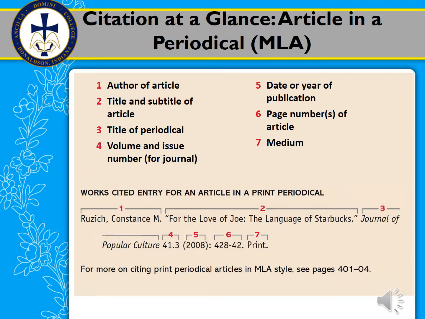As you do citations from EBSCOhost and Gales Engage with your scholarly journal articles, go ahead and take a look at those so you can see how the layout is. After the volume and issue number, then they have the year, and then they have a colon and then the page numbers. Again, that's put in place so your reader can go find that article very quickly after reading about it in your paper. And then they have the print medium there, number 7.